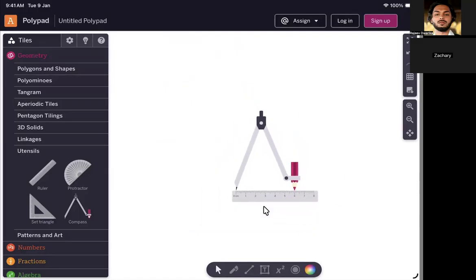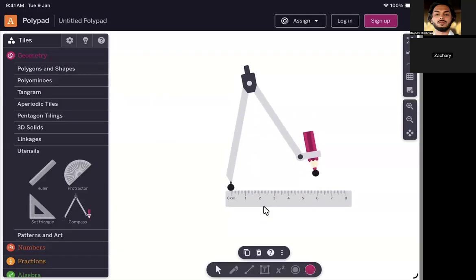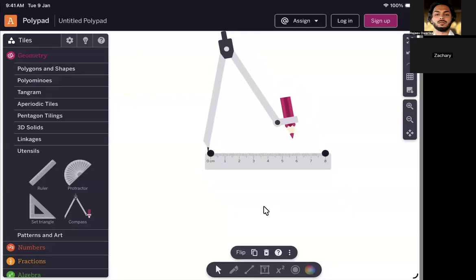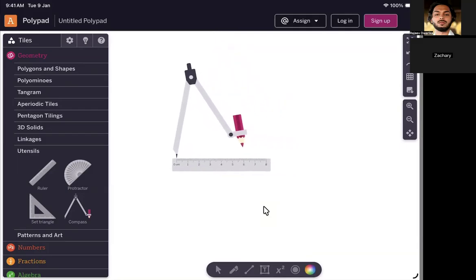Right. And for me to define how big I want this circle to be, what do you think I would do? Put the pencil at how big you want the circle to be. That's it, right?